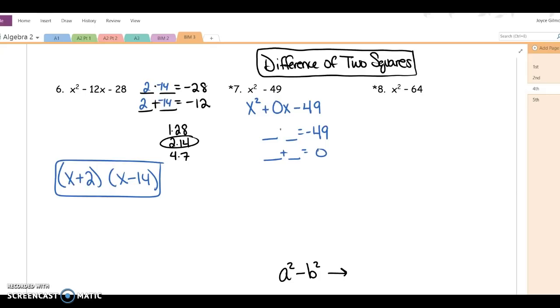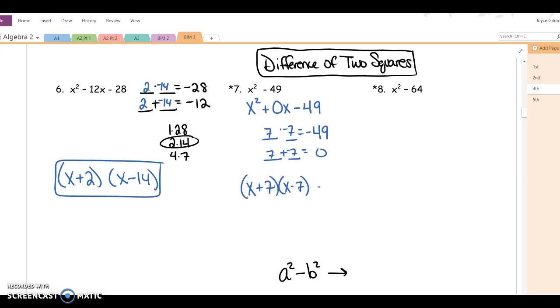If you're adding to get 0, it must be a positive and negative of the same number. So what number times itself is 49? 7. So positive 7 and negative 7. Our factored form is x plus 7, x minus 7.